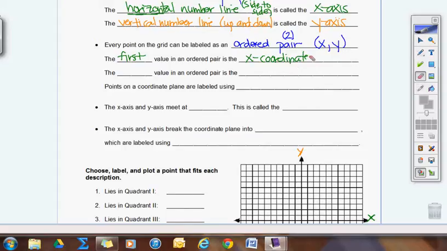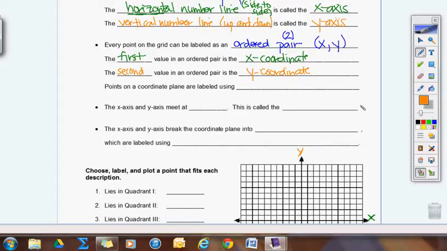And the second value in the ordered pair is the y coordinate. It tells us where we are in the y direction, or the vertical direction. The x coordinate tells us where we are in the horizontal direction.